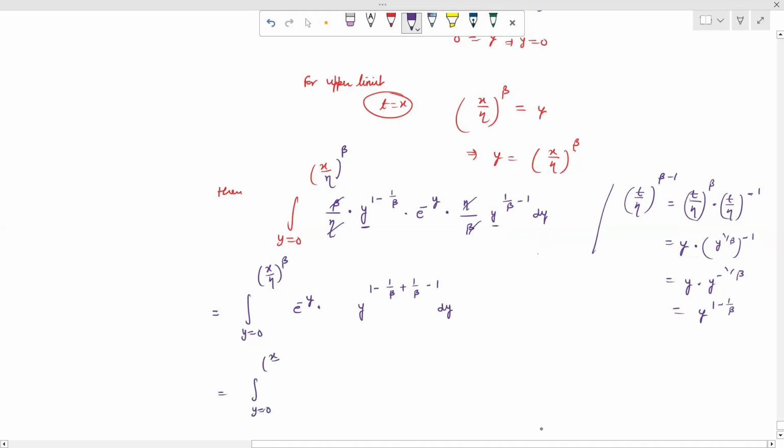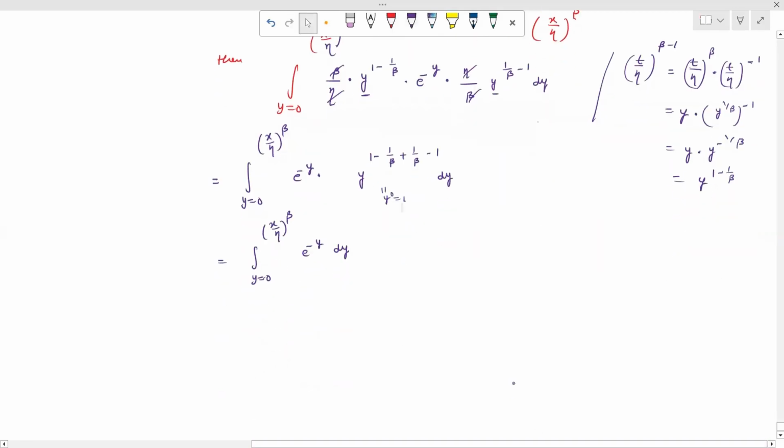So this can be written as the integral from 0 to (x upon eta) raised to the power beta of e raised to the power minus y into dy. We integrate e raised to the power minus y. The integration of e raised to the power minus y is minus e raised to the power minus y, from 0 to (x upon eta) raised to the power beta.